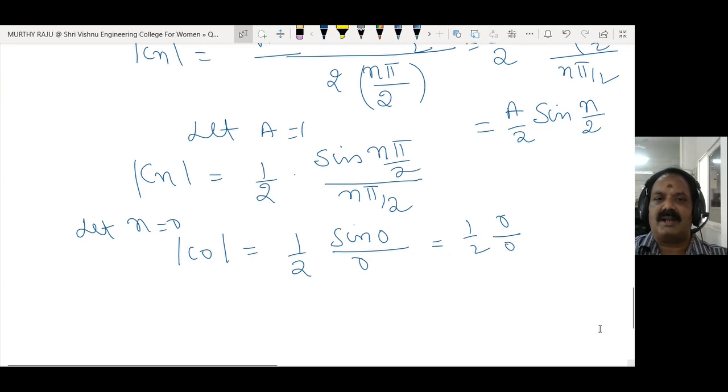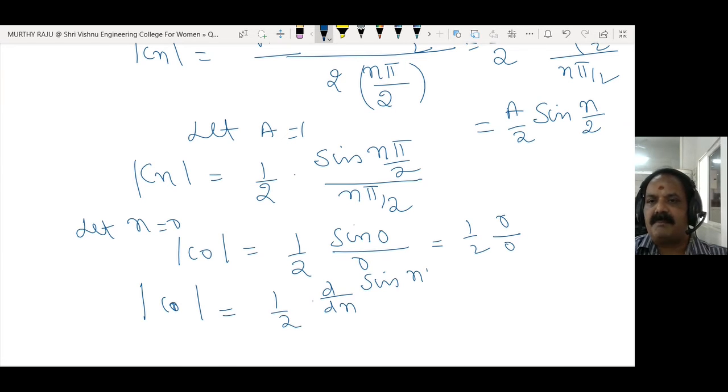We go for L'Hospital rule. L'Hospital rule means differentiate the above equation with respect to n: sin n pi by 2 by differentiation of n pi by 2.